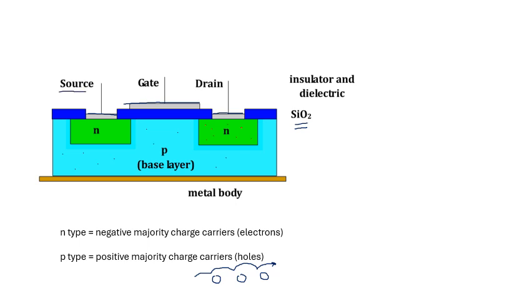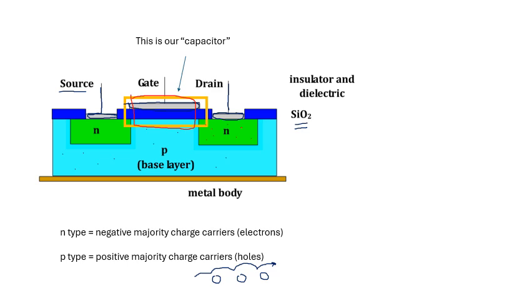So our source is connected to a conducting material here, which is connected to the N-type, and the drain is connected to a conducting material, which is connected to the other N-type, and then the gate is connected to the conducting material here, and our capacitor, remember I mentioned a capacitor, is basically here. So we've got the two plates of the capacitor with a dielectric in between, and the dielectric is the silicon dioxide.